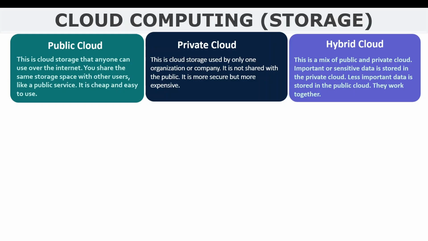The private, on the other hand, is used by only one organization or one company, and it's not shared with the public. So it becomes a more secure but expensive means of storing data. Hybrid is a mixture of both public and private, where sensitive data is stored in the private cloud and less sensitive data can be stored on the public cloud.